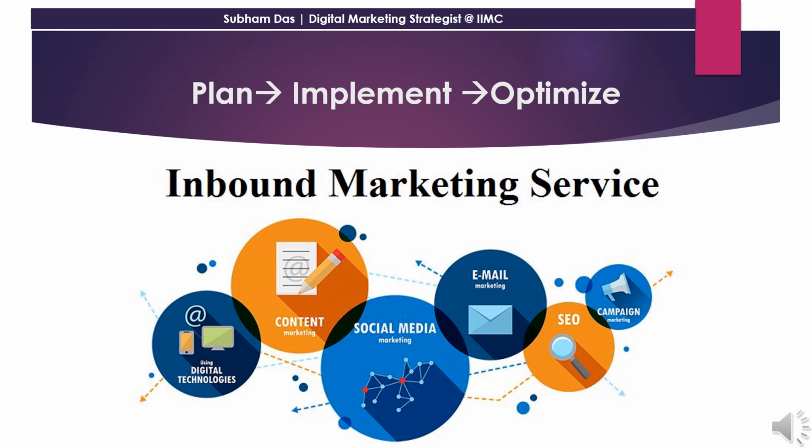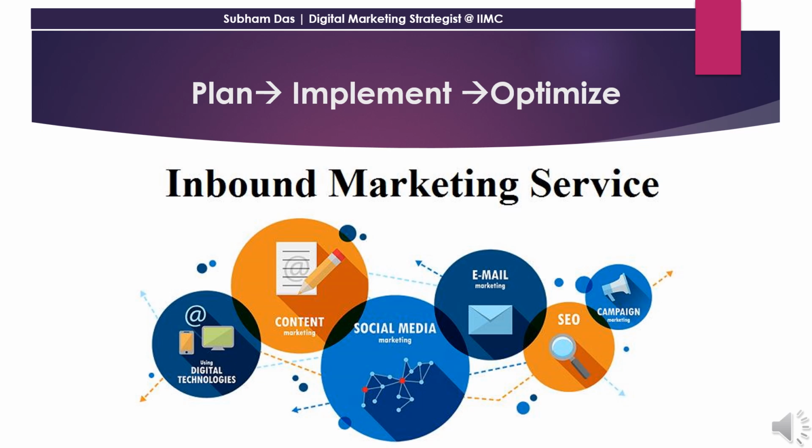Next is content. You optimize your campaigns based on content. You create some kind of content to optimize. Next is social media. You interact with society using social media, different social media.